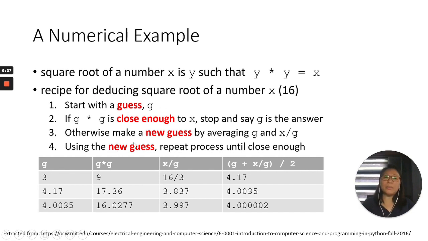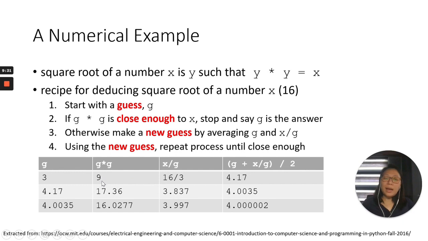Here is an example. So let's say we have 16 as the value for x. So we start with a guess g. And then we test if g times g is close enough to x. Here, 9 is the answer.